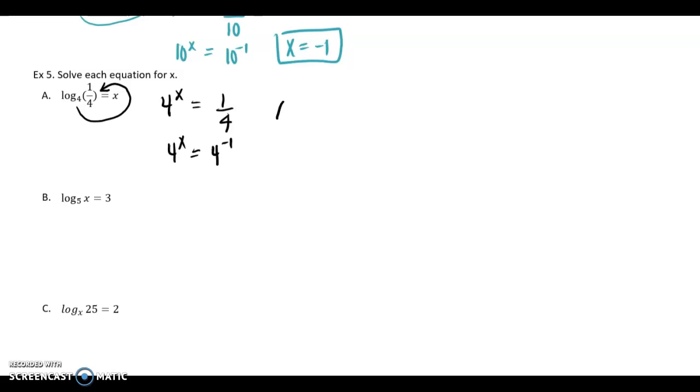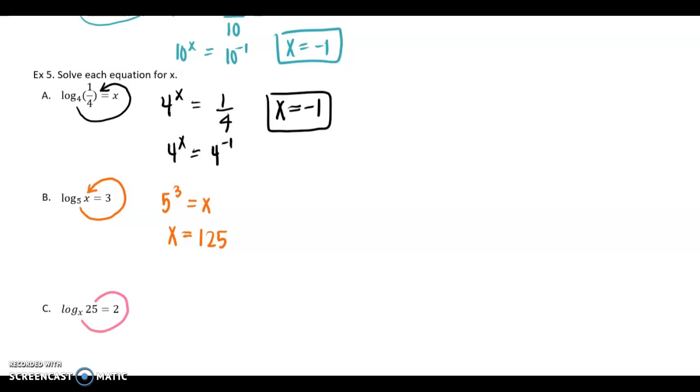Now we have the same bases, so x is equal to negative 1, and that would be our answer. All right, the next one, 5 to the third is equal to x. So therefore, x is equal to 125. And the last one, x squared is equal to 25.